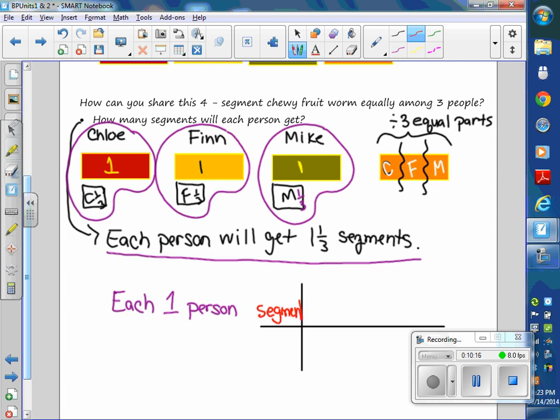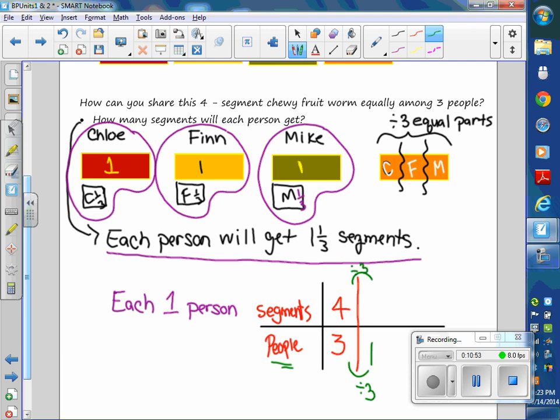So we're comparing segments to people. And we have 4 segments and 3 people. So if I want to figure out how much each one person gets, I need to divide this by 3 because I want to have 1 in the people row, which means I have to divide this by 3.